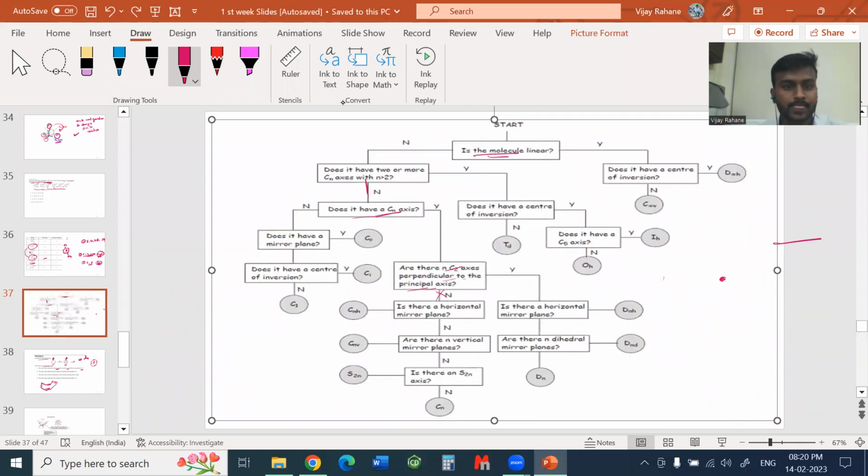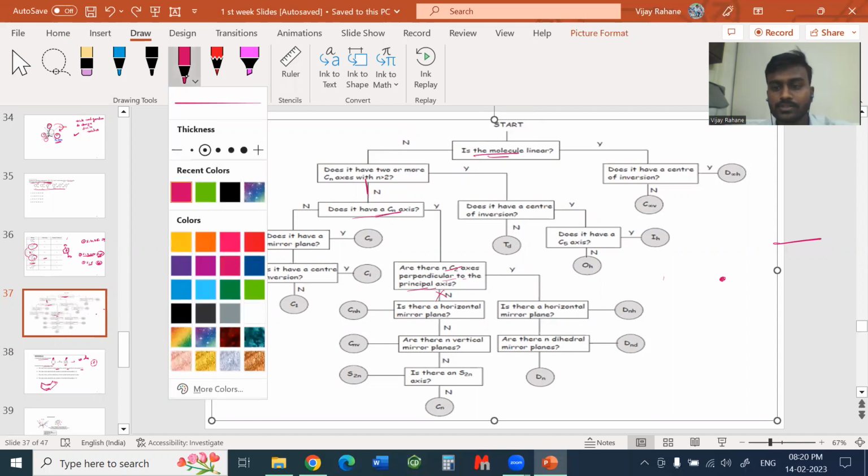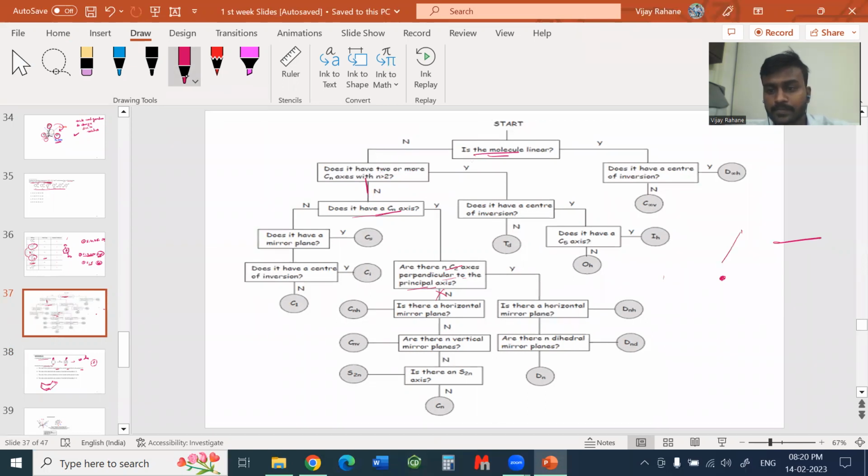Cyclooctatetraene belongs to which point group, we need to identify. Sorry, I will draw it in the center.